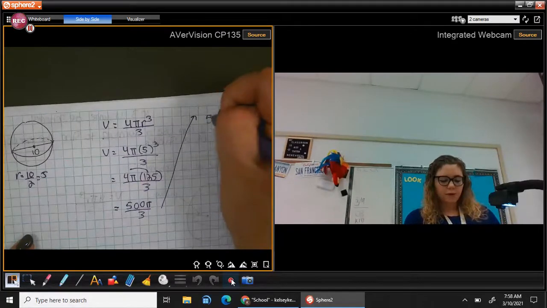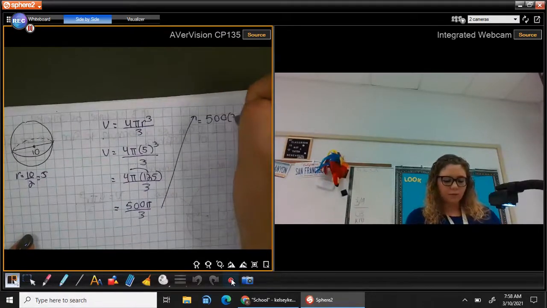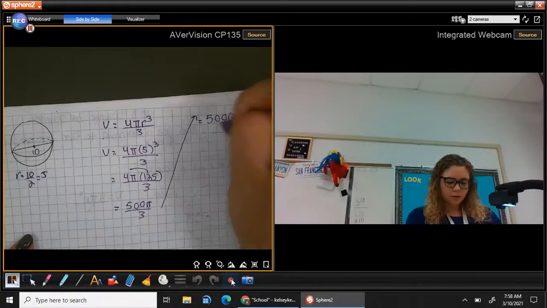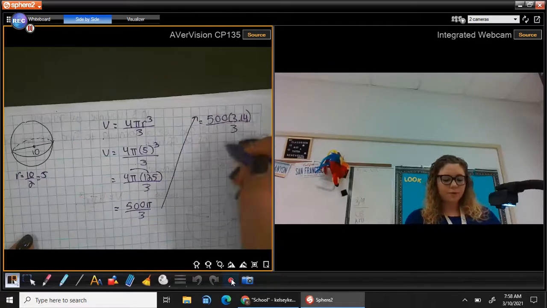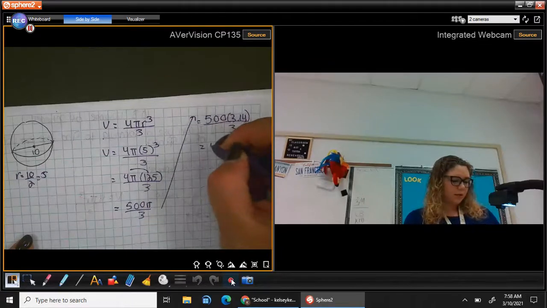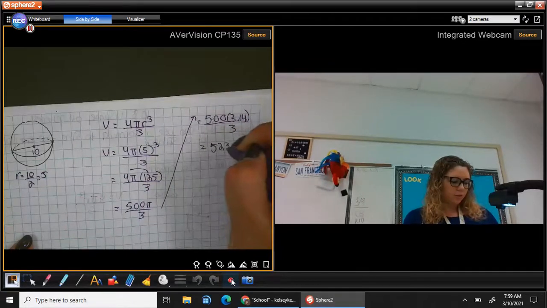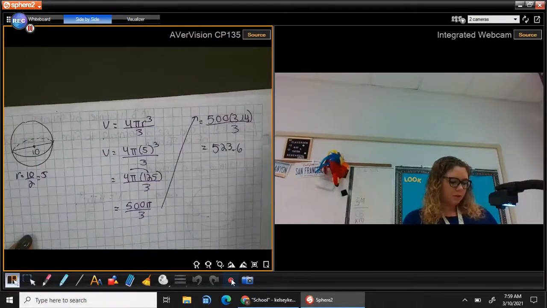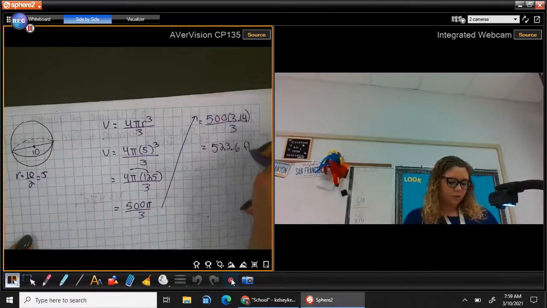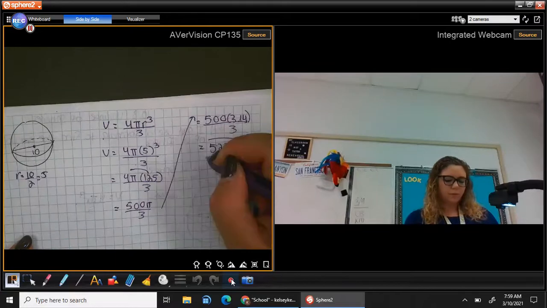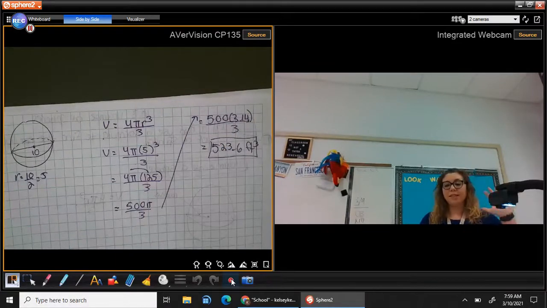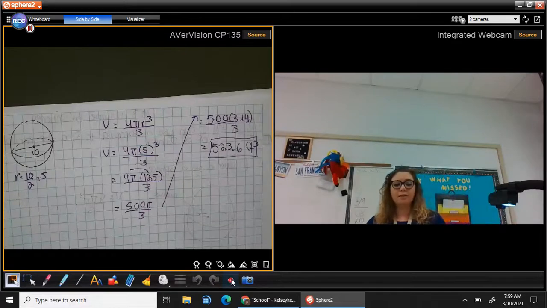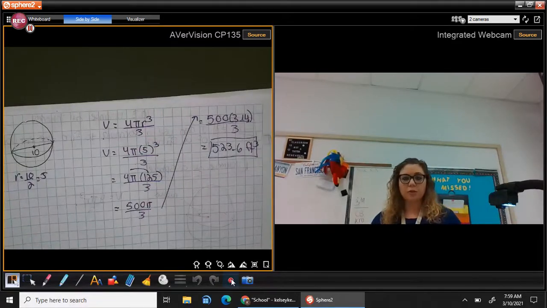So 500 times 3.14 over 3. So multiply these two, divide by 3, and I'll get 523.6 feet cubed. So with volumes, you're pretty much solving it the same way. You're just plugging values into the formula and you're solving them. Okay?